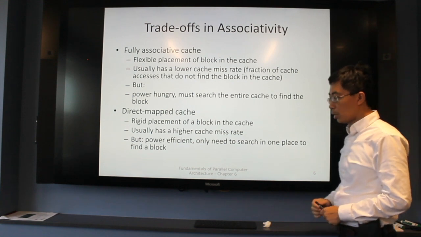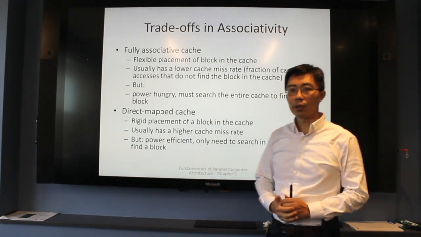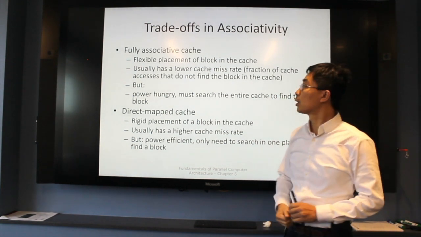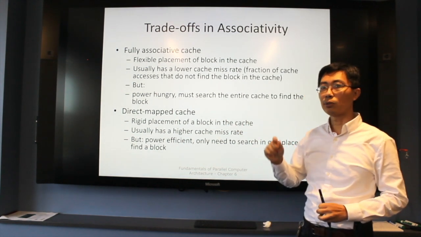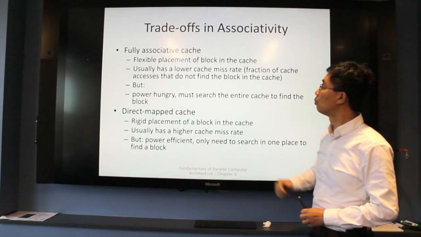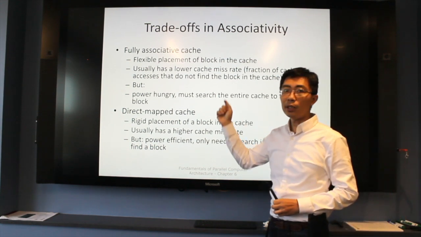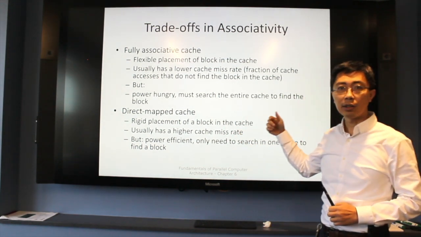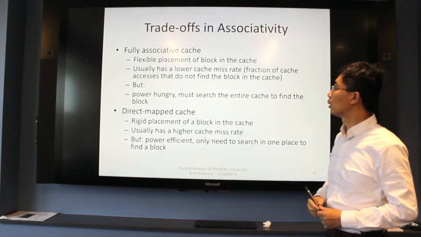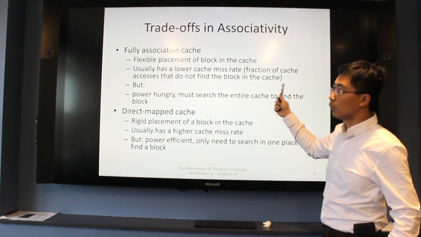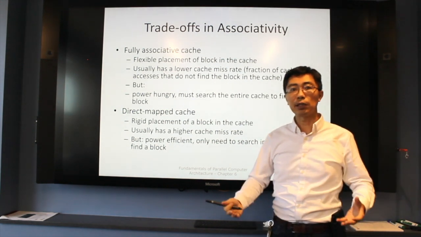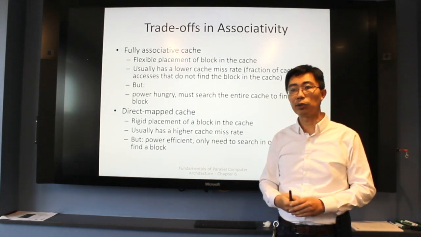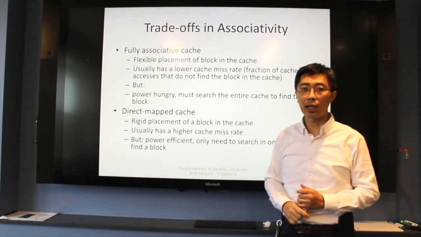All right, so what are the trade-offs of the associativity of a cache? First, a fully associative cache allows very flexible placement of blocks in a cache. Typically, this means that you're going to have a low miss rate. So you don't end up in a situation where some of the sets are utilized and some of the sets are not utilized.